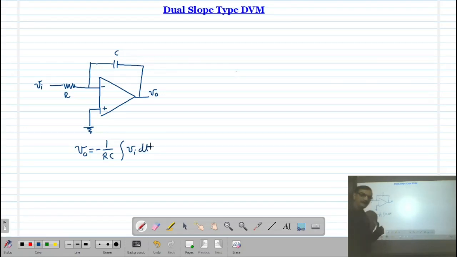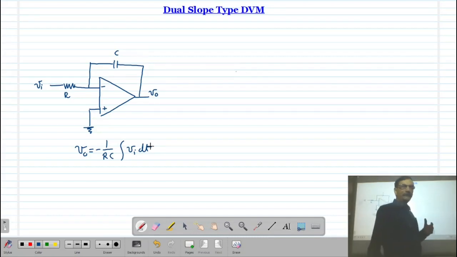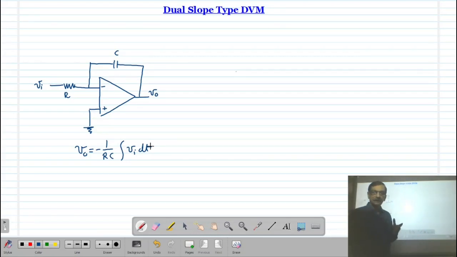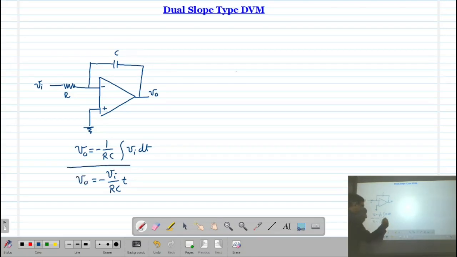Now if Vi is constant, meaning if we are measuring a DC voltage, which is a constant quantity, then this integration comes out to be minus Vi by RC into T, and this indicates the output voltage. The output voltage of the integrator is linearly increasing with time t.